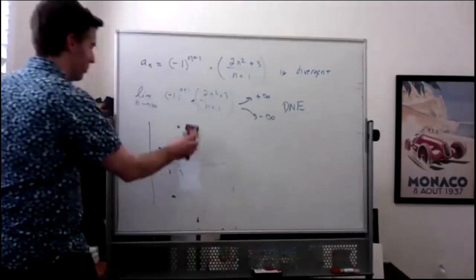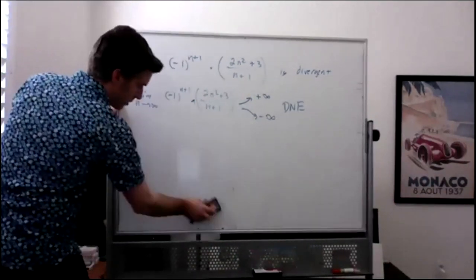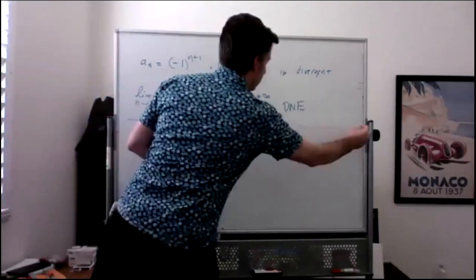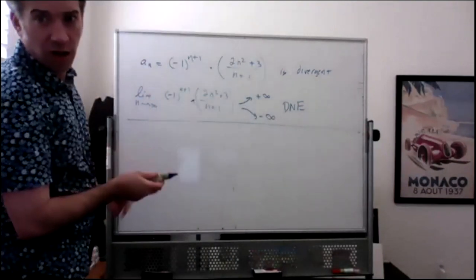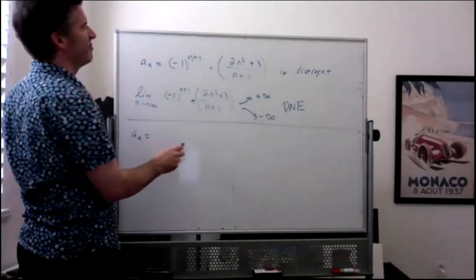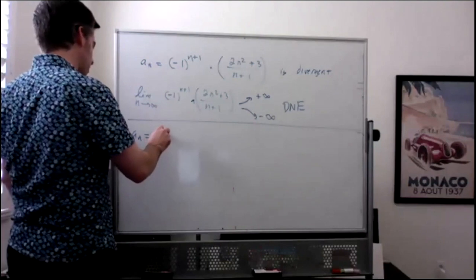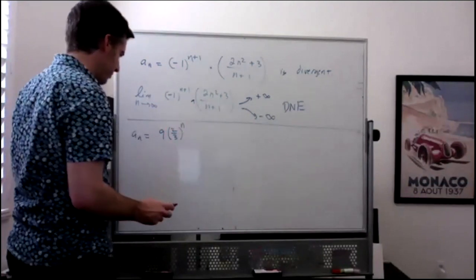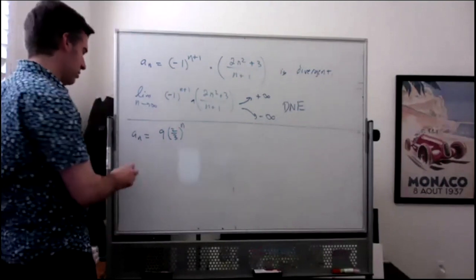Couple more examples, and then we'll start talking about recursive sequences. So if my sequence was, say, 9 times 2/3 to the nth power. Again, let's write out some terms here.